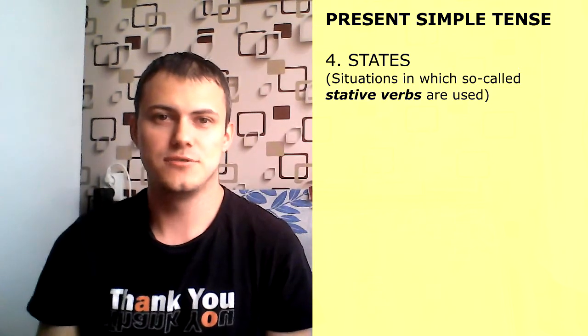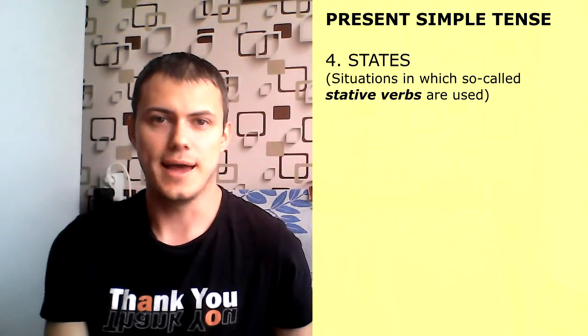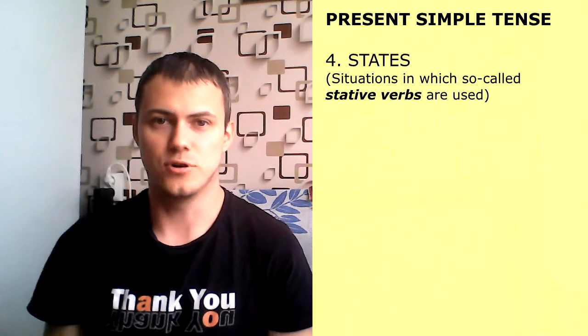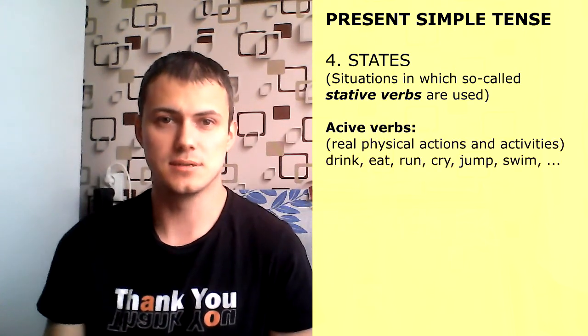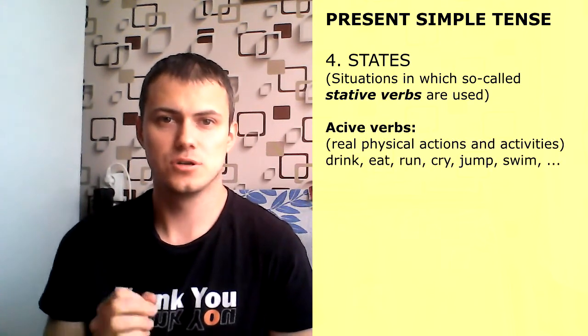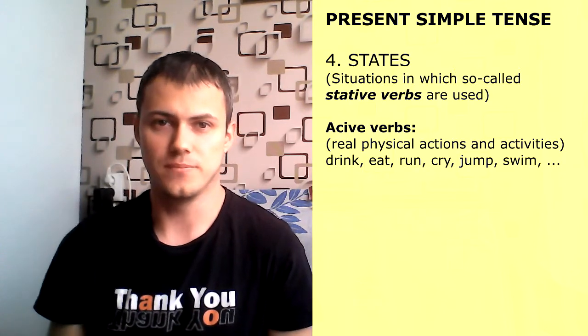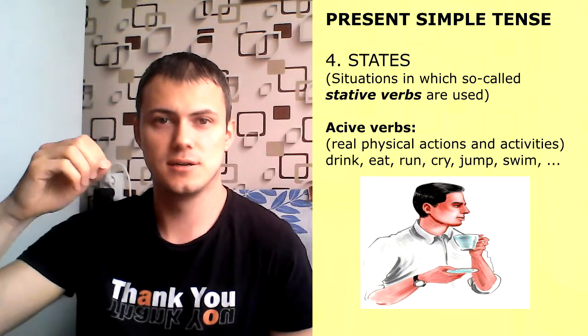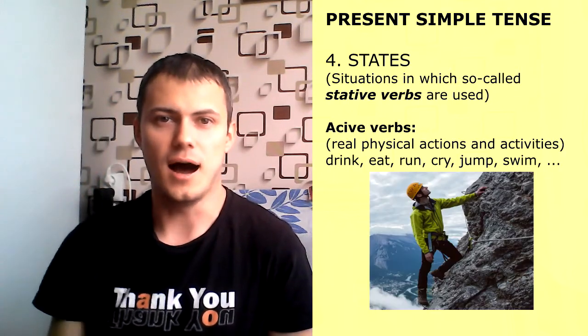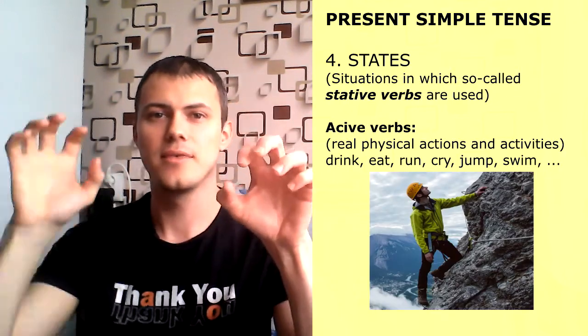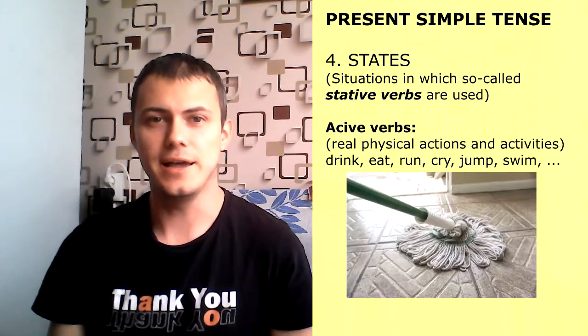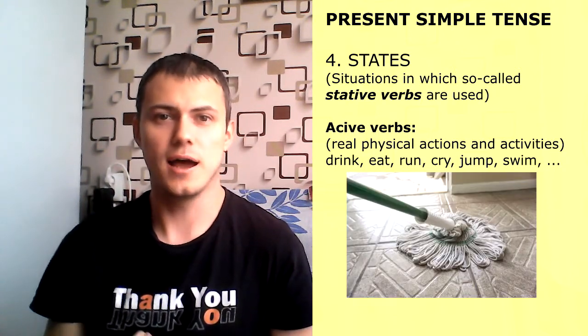What's the difference between active verbs and stative verbs? Well, the difference is that active verbs show real physical activities. For example, I drink tea. I climb the mountain. I wipe my floor every morning.